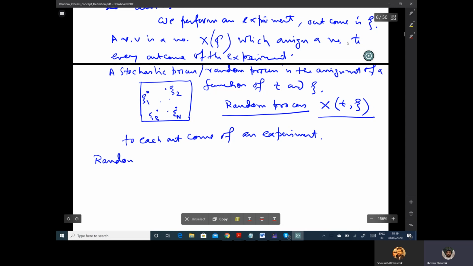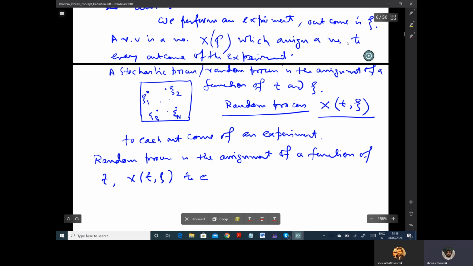A random process is the assignment of a function of t to each outcome of an experiment.